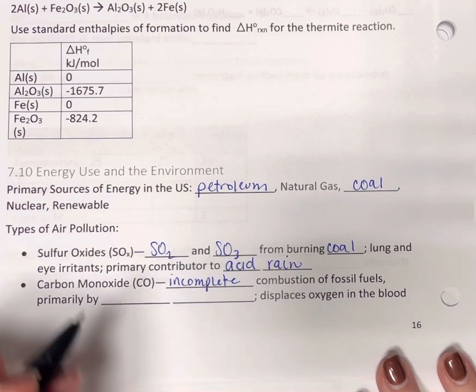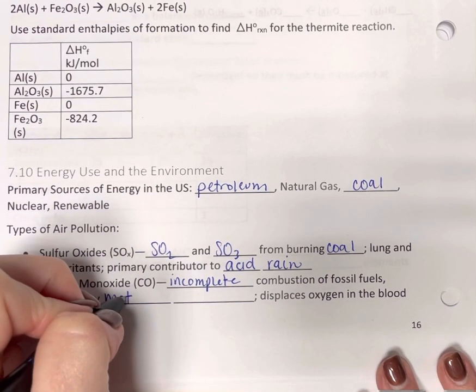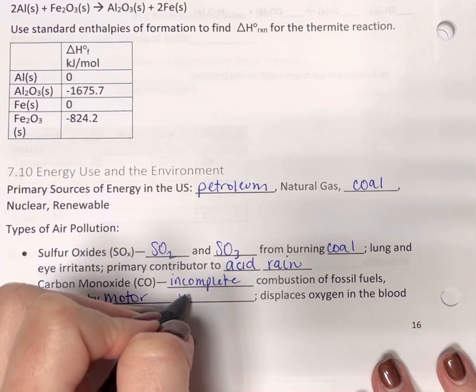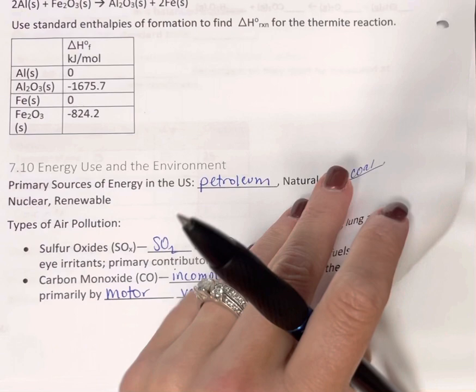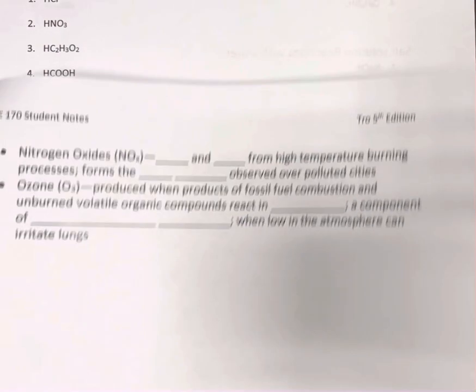Usually this is associated with cars and engines. Carbon monoxide is a problem because it binds to hemoglobin in the human bloodstream much better than oxygen binds to hemoglobin. So carbon monoxide poisoning, silent killer, very dangerous.